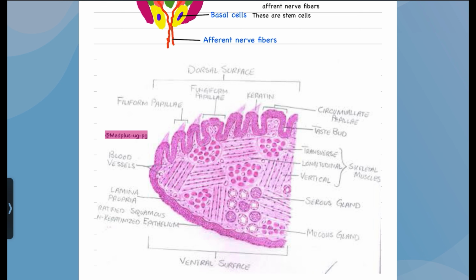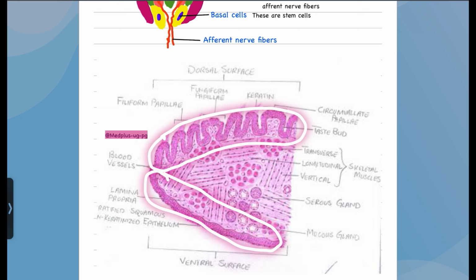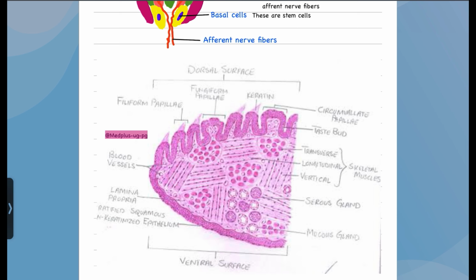This is the dorsum surface of the tongue, and this is the ventral surface of the tongue. As we can see, the dorsum of the tongue has papillae, whereas the ventral part does not have any papillae. And we can differentiate between the papillae. As we can see, this is a spine shaped papilla, which is nothing but a filiform papilla. And this appears as a fungus, or a mushroom, so it is called a fungiform papilla. And the circumvallate papilla also appears like a fungiform papilla, but it contains taste buds, which I will show you in a subsequent session.